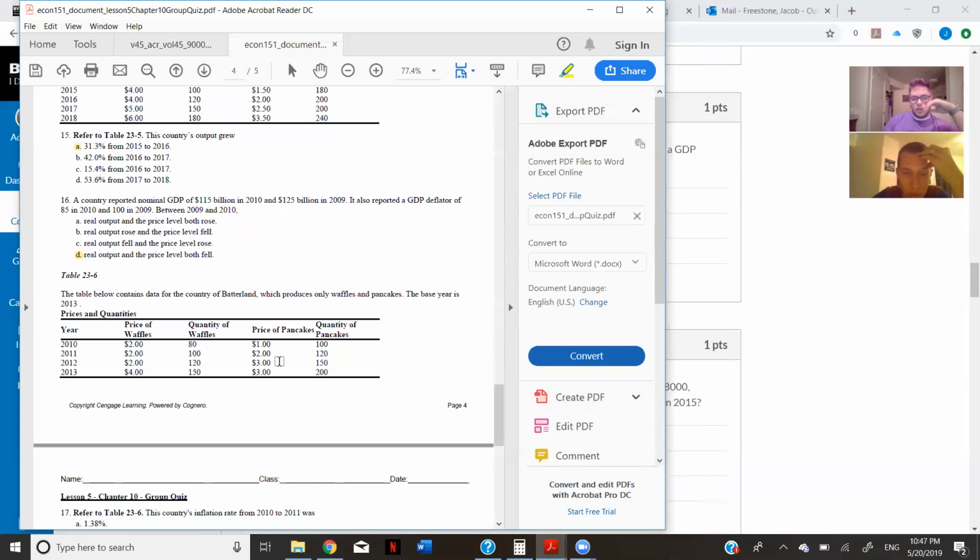Oh wait, no, that wouldn't be right. Because if the inflator goes, oh no, the inflator went down, so price went down. That's why I put that. Because it went from 125 and 100 to 115 and 85. So they both fell.